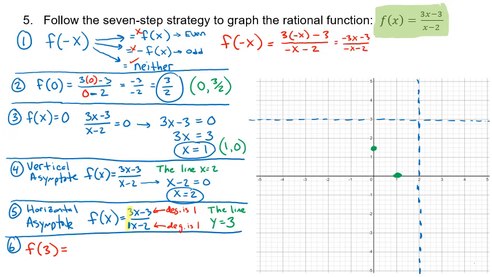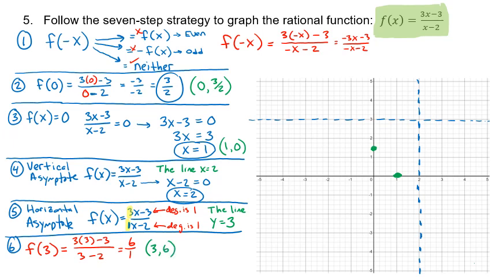So instead of 3x minus 3, it's 3 times 3 minus 3, a lot of 3's. On the bottom, 3 minus 2. So that's 9 minus 3 is 6 on top, 1 on the bottom. So when we plugged in 3 for the x, we ended up with 6 for the y.